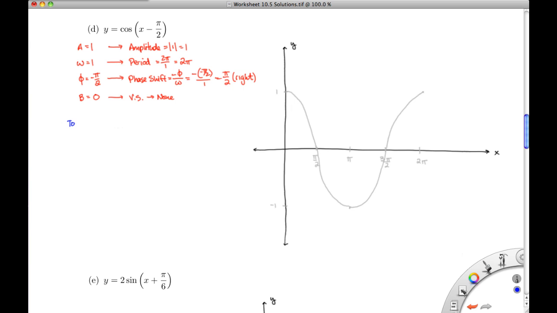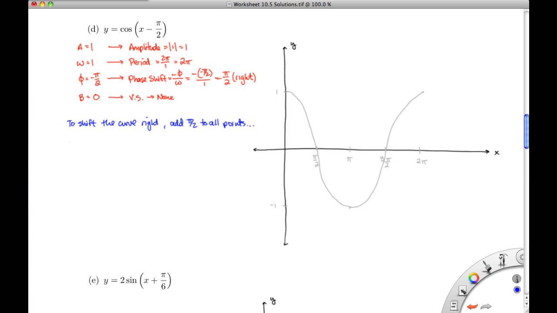So to shift the curve right, we're going to add pi over 2 to all points, namely the x-coordinates of all of these points. So we'll just use the key points.